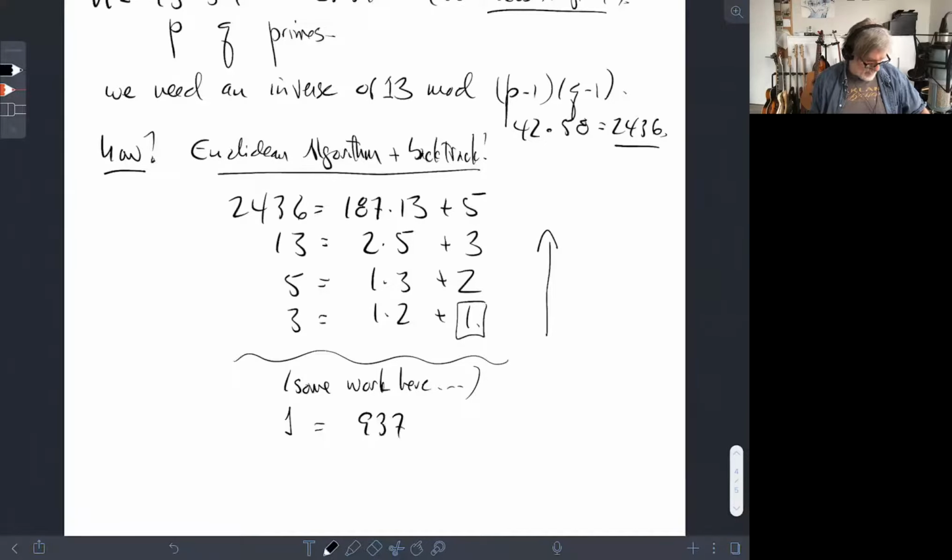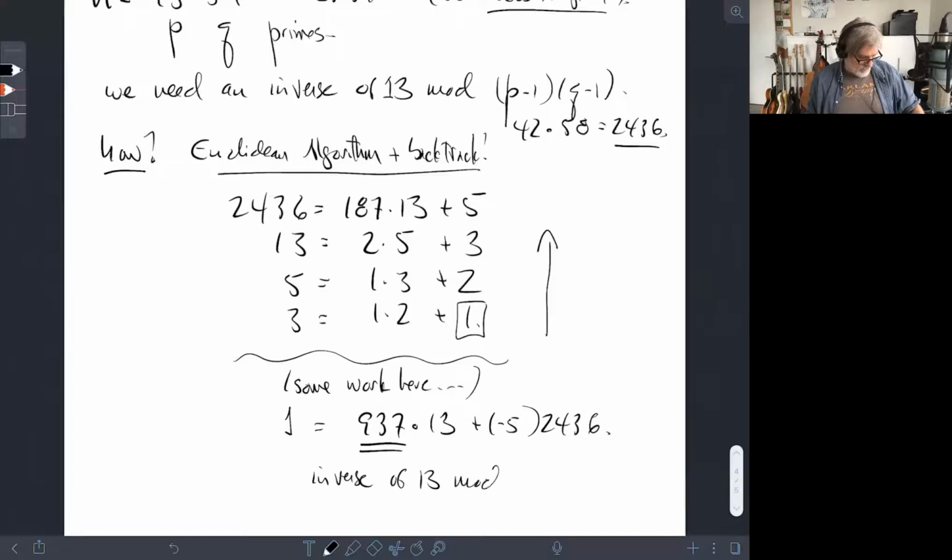Okay, I got it. 937 times 13 plus minus 5 times 2436. Okay, so by backtracking, you will find this. So this is your inverse. This is it. That's 937. Okay.